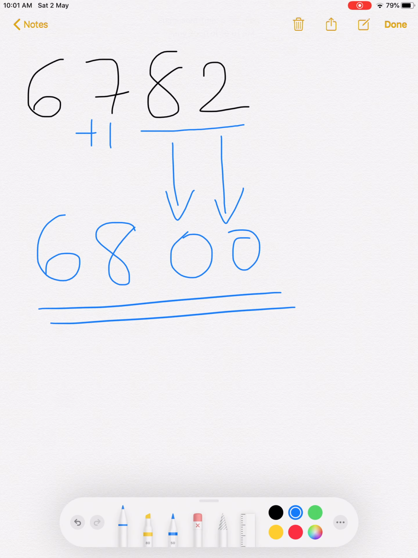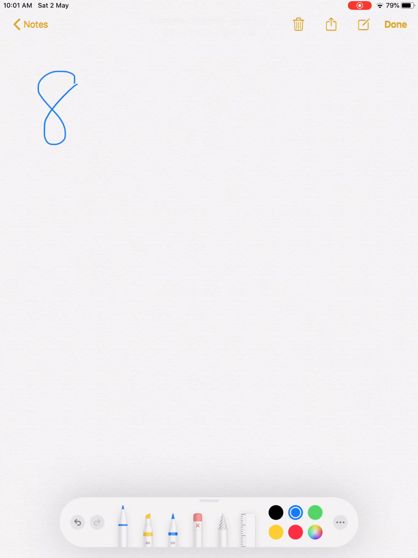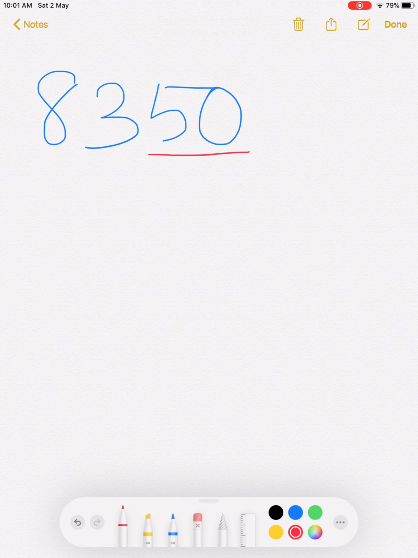Is it clear? And one more example you see, 8350. Here also for making that we consider the ones and tens place. First we give 00 in ones and tens place, and for changing the 100th place, you check whether the number made by the ones and tens place is 50 or more.